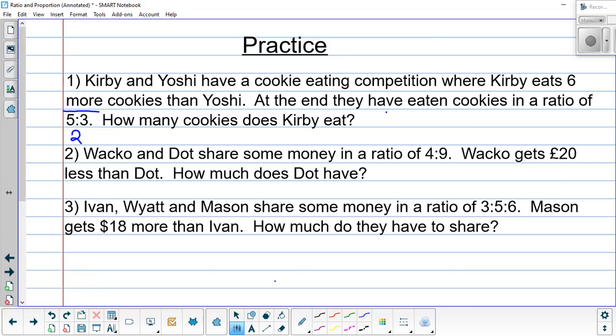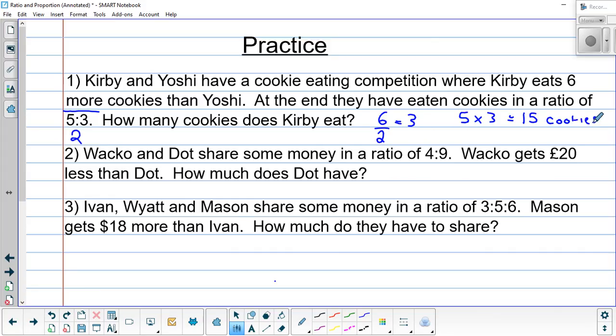So, that is 6 cookies divided by 2 is 3. Okay? So now we're looking at this. Kirby is our first. So we're taking this 5 times by 3, and this equals 15 cookies. Okay? And that one's done.